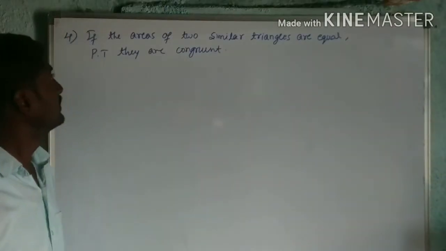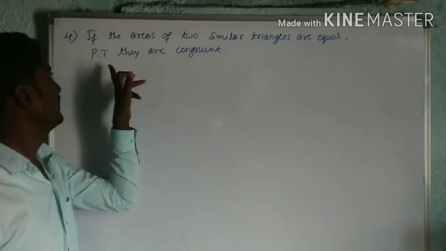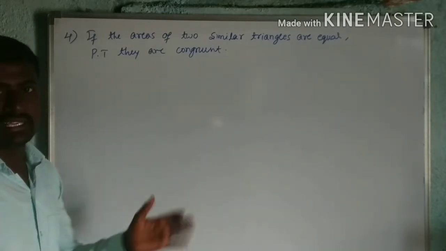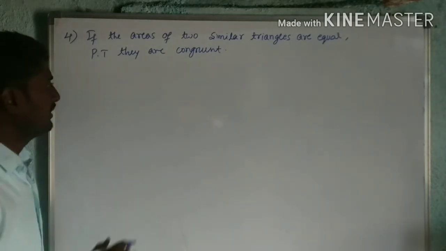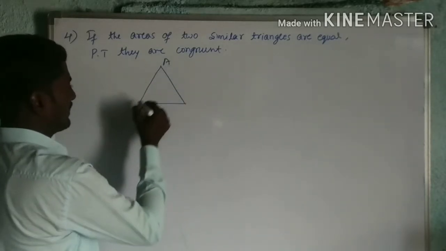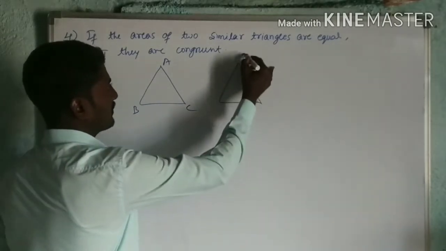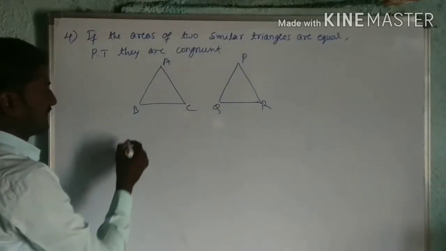Next, fourth one. If the areas of two similar triangles are equal, prove that they are congruent. So if the areas of two similar triangles are equal, we have to prove that those two triangles are congruent. So let us take two triangles, ABC and another triangle PQR. These two are similar triangles.